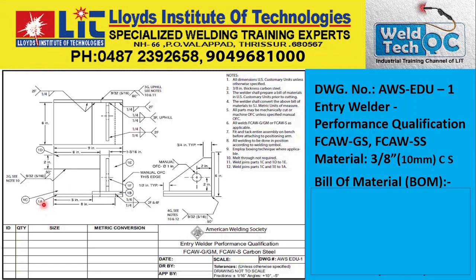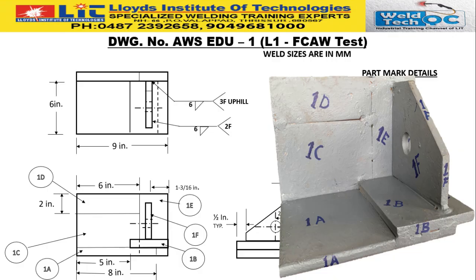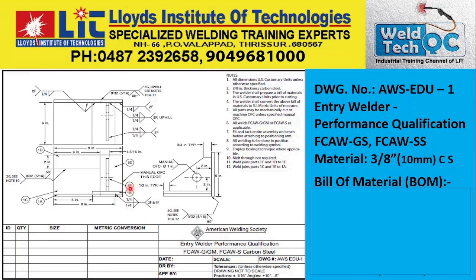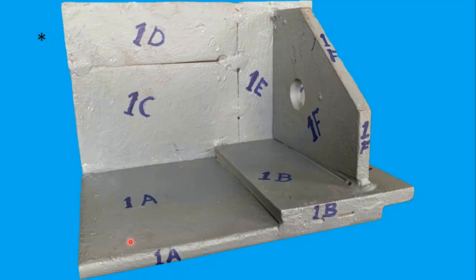1A, 1B, then 1C, 1D, 1E, 1F. So there are 1, 2, 3, 4, 5, and 6 parts. Different parts make this whole job a single object.